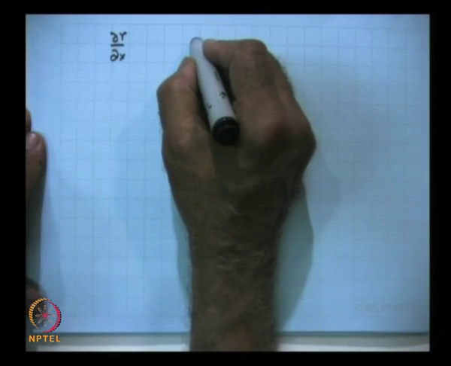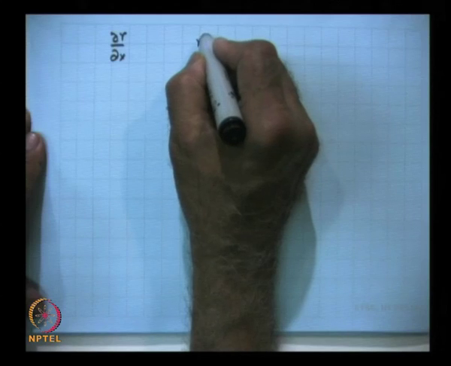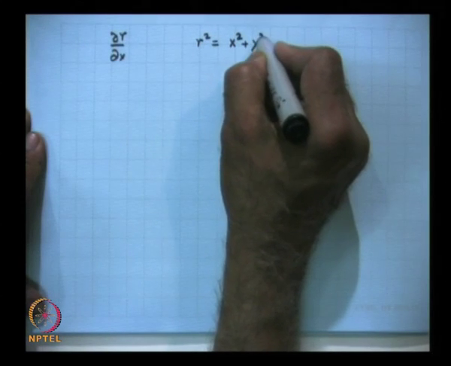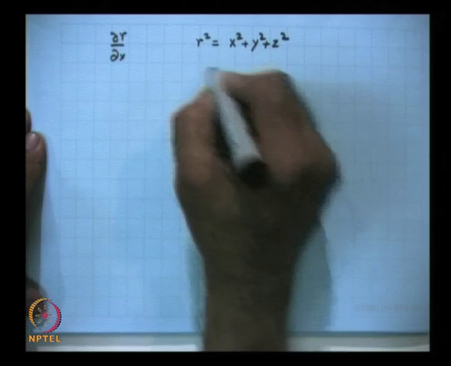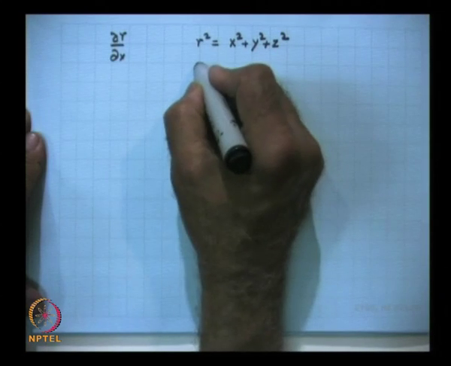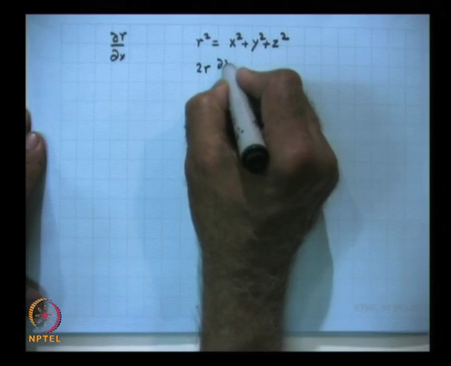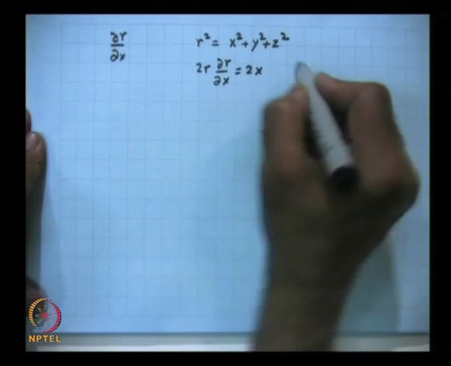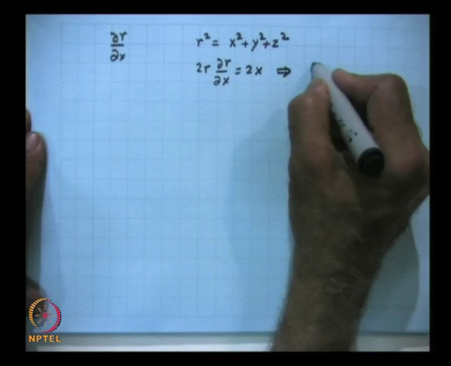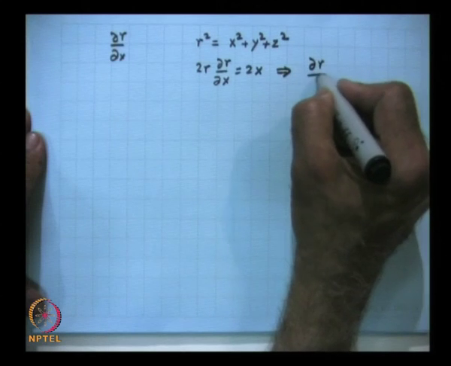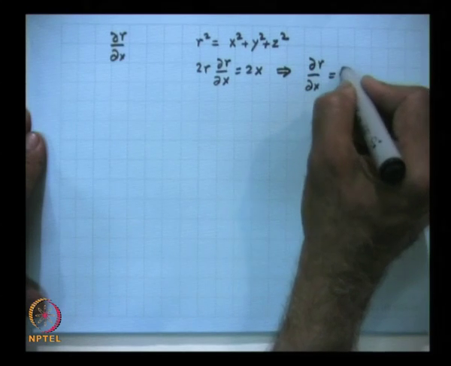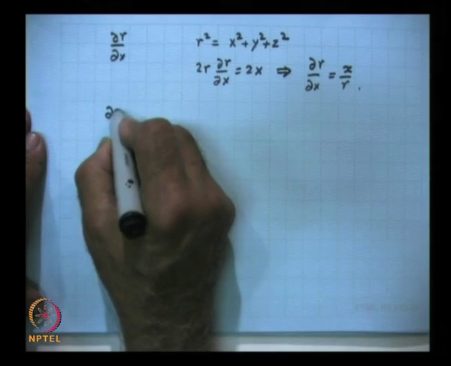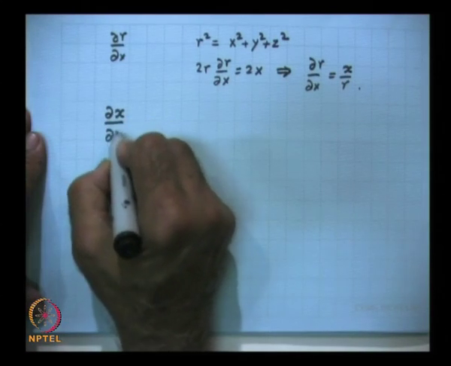So I must express r in terms of x, y, z, and now I differentiate with respect to x: delta r by delta x becomes x by r. Now suppose I wanted delta x by delta r.